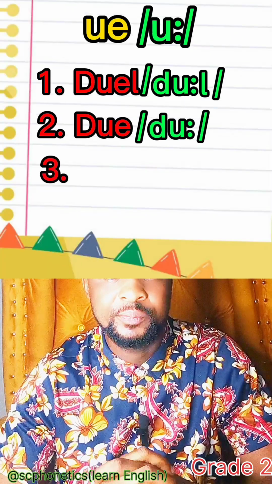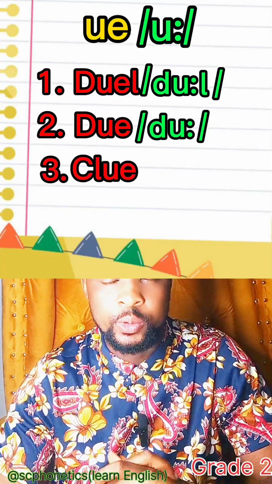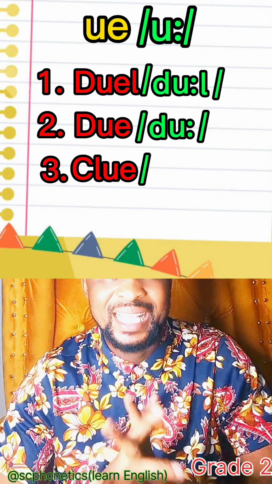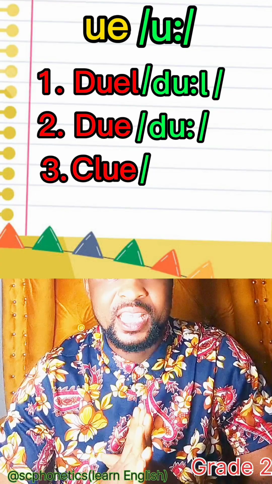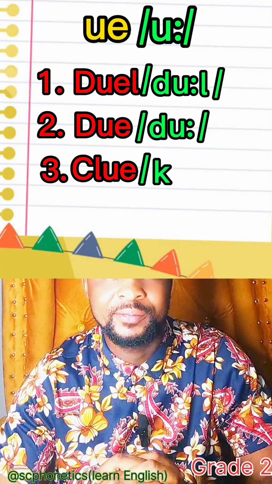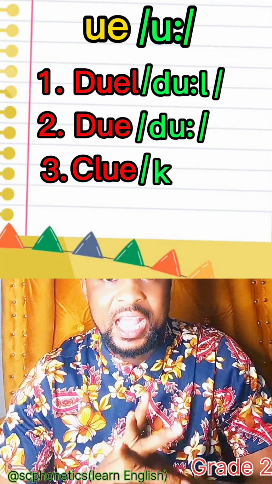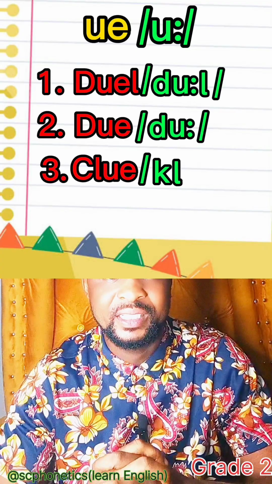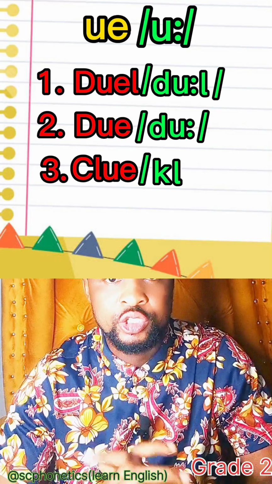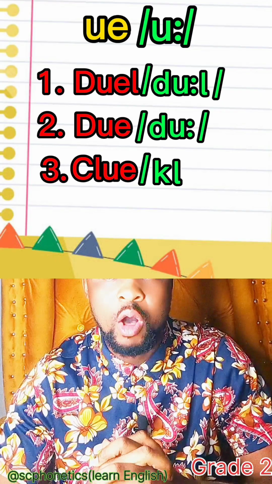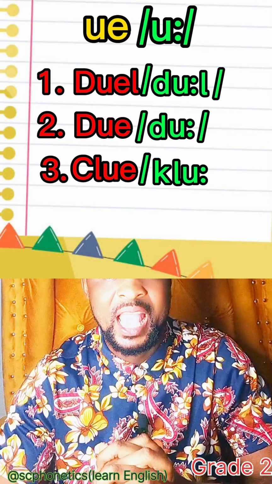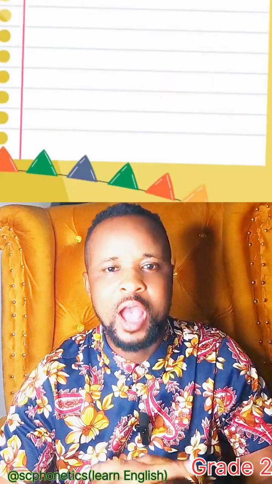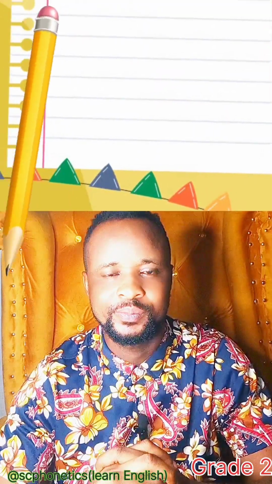Number 3, clue. You write in your slash, then don't forget your letter C turns K, and also the sound L, and change your UE to the phonetic symbol U and close your slash. I guess you have your pencil with you.